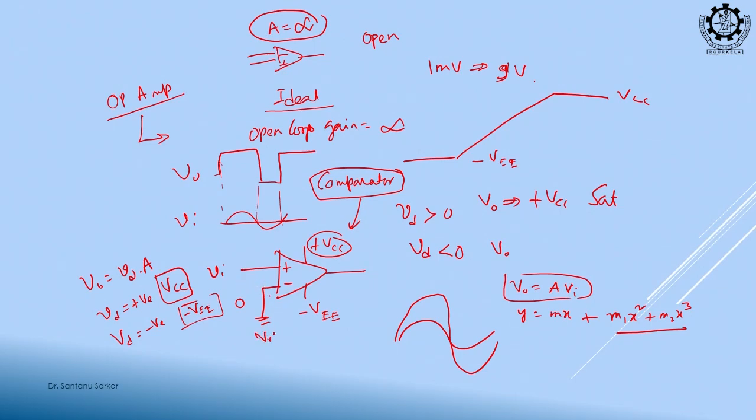This could be your Vref, you can say this is my reference voltage. The moment my input goes above the reference voltage, it is plus, just like digital logic, right. You can say this is logic 1, this is logic 0. So, logic 1 means my input is higher than my reference voltage. Instead of 0 you can make it 1 volt, you can make it 2 volt, it is your choice, your requirement, and it becomes a comparator.